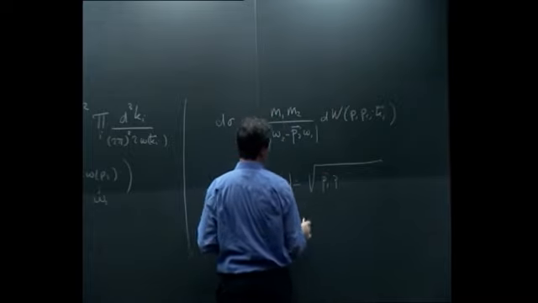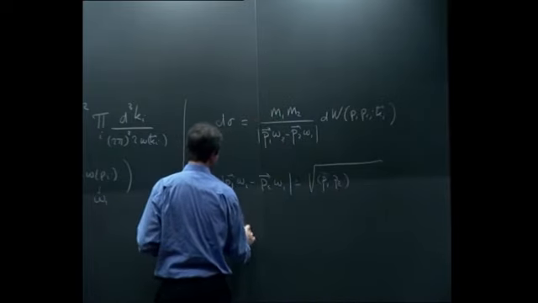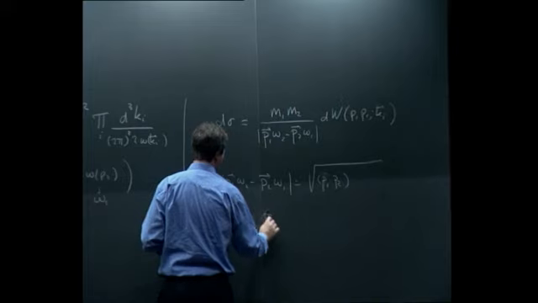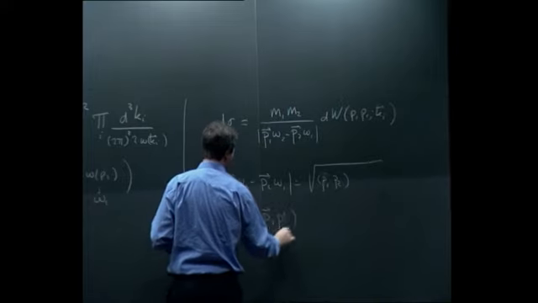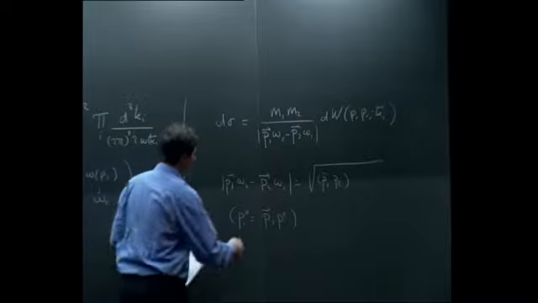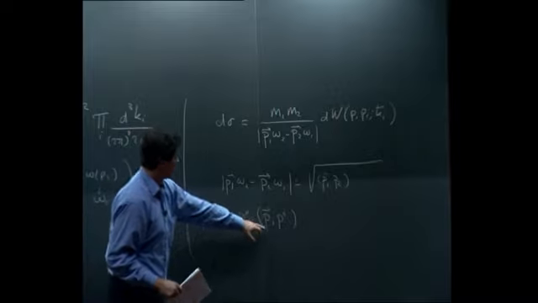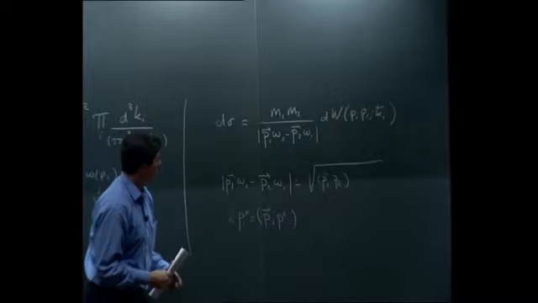Here I take 4 momenta, so instead of using a vector momentum P, I'll take a 4 momentum which involves both the momentum and the energy.